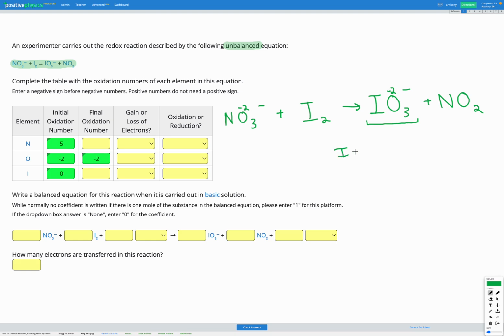So we have 1 iodine plus 3 oxygens, and overall that has an oxidation number of -1 since that's the charge on a polyatomic ion. So iodine plus 3 oxygens. Oxygens have an oxidation number of -2. So we have iodine, and 3 times -2 is -6. So iodine minus 6 is equal to -1. So the iodine ends up with an oxidation number of 5.